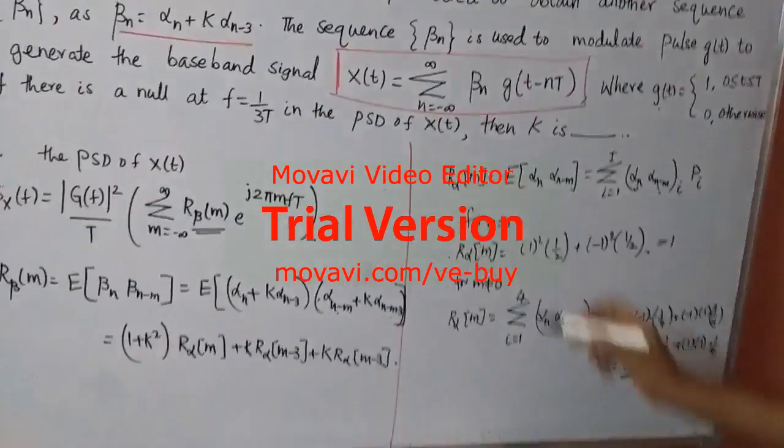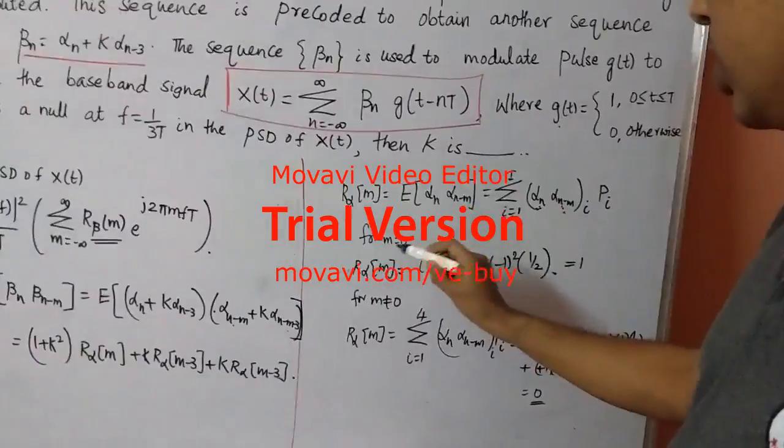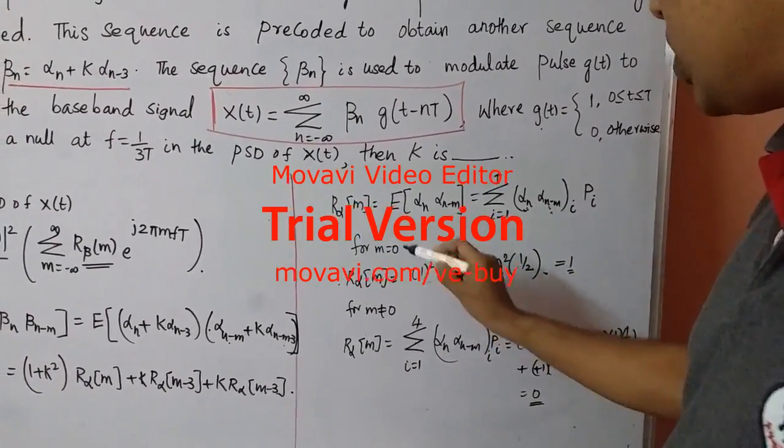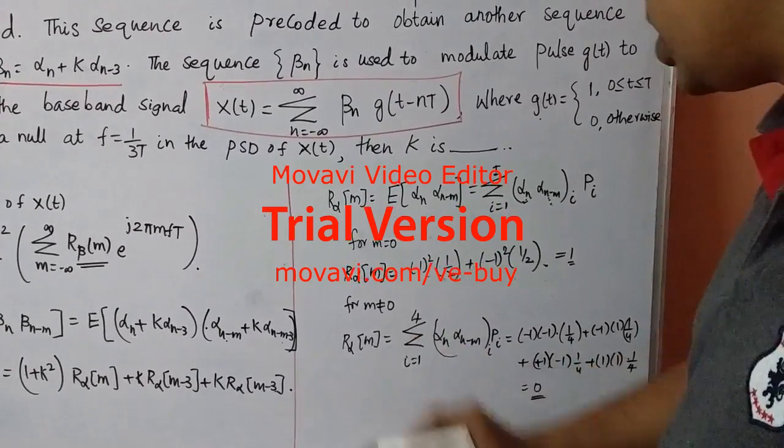So the autocorrelation function of alpha has a value 1 for m equal to 0 and a value 0 when m is not equal to 0.